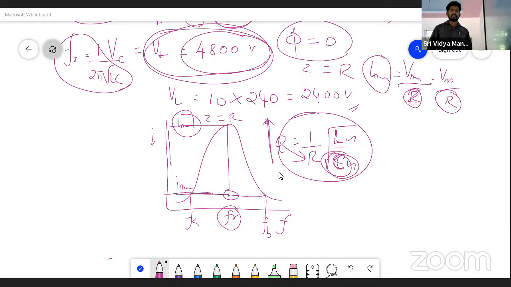What happened at resonance condition? What was the impedance of the circuit? What happened to the Z value? Hello? Do you hear my voice?